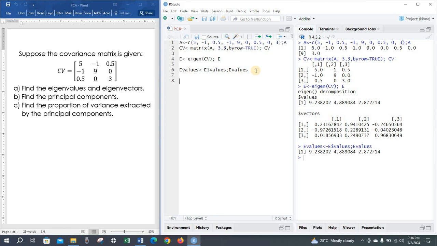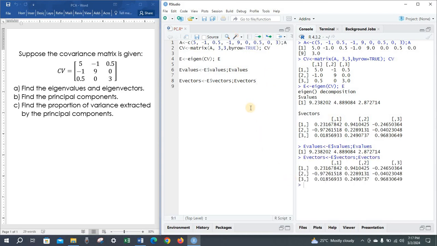Now you can also extract the eigenvectors. Run it, and you can also extract the individual eigenvectors.